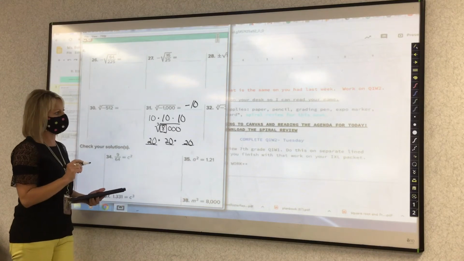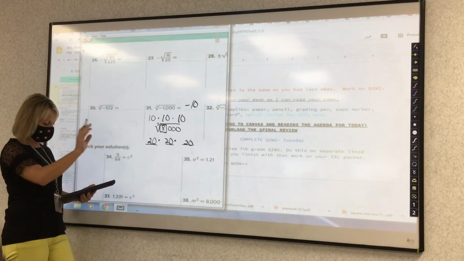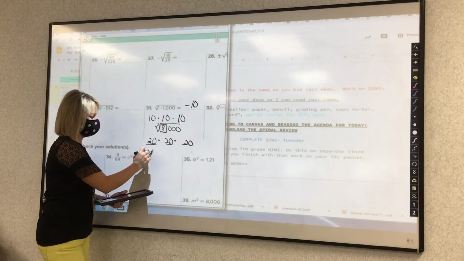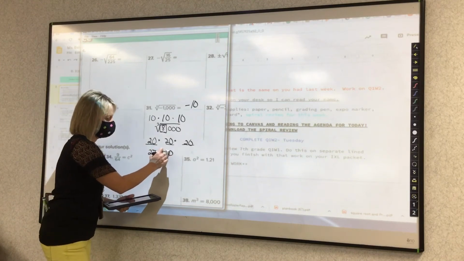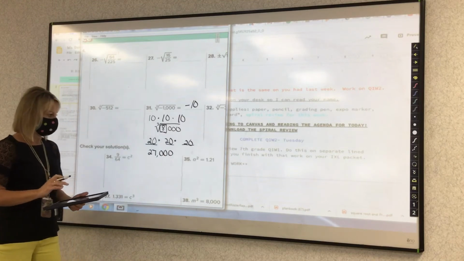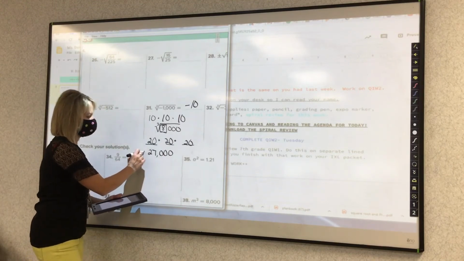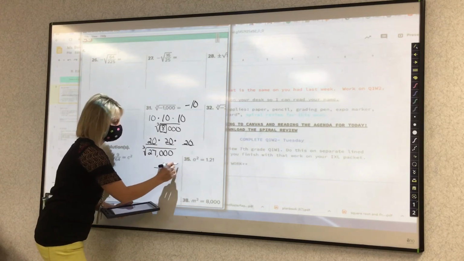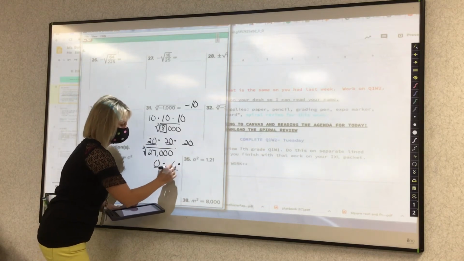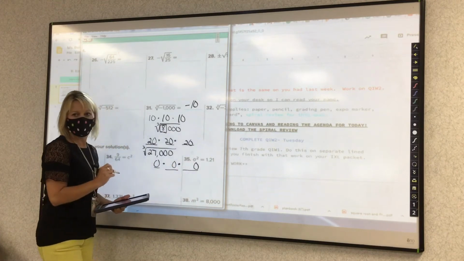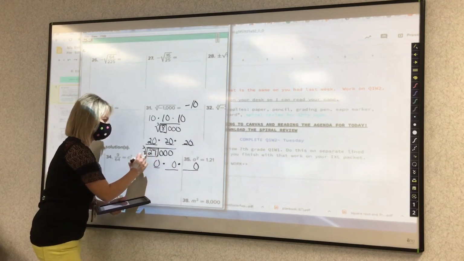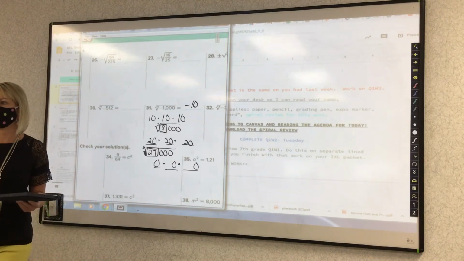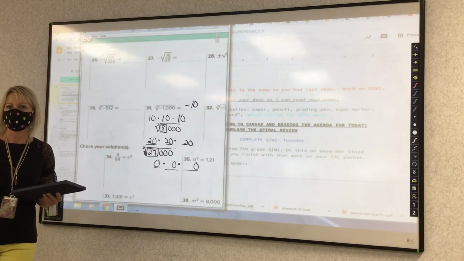I'm going to give you one more example and try to find some space to put it in here. If you don't have enough space, just write it off to the side. If I say my answer is 27,000, there's 3 zeros, and I said I want the cubed root of that. So my answer is going to end in a 0, right? Then I pull out the 27. What times itself 3 times will give me 27? 9.